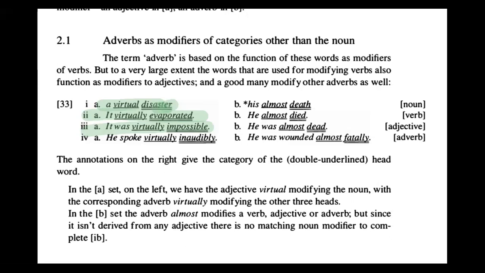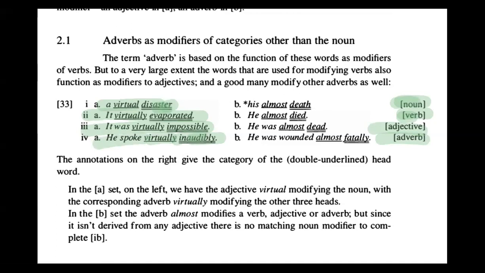The second one, evaporated, is a verb. It was virtually impossible. Impossible, this is what? Adjective. He spoke virtually inaudibly. So inaudibly here is also an adverb, notice the ly at the end.